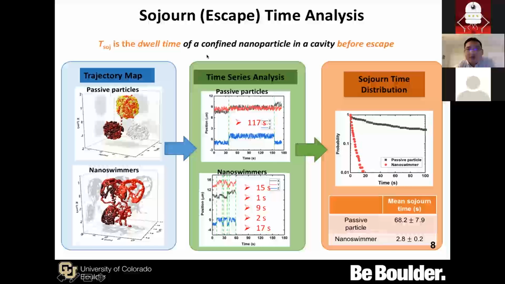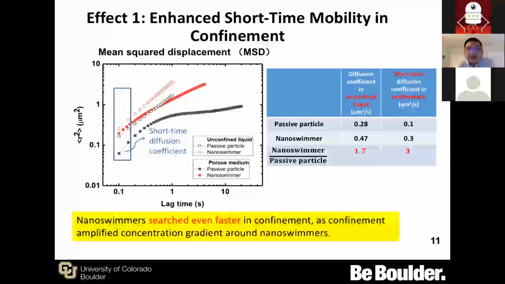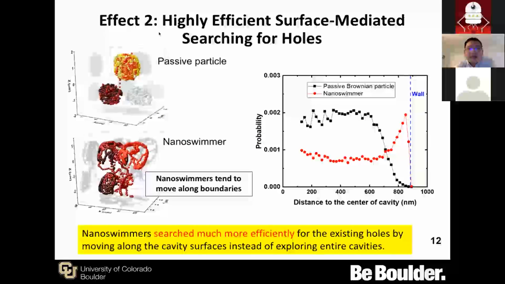Oh, sure. Search smarter is, I think, in here. If you read papers about the swimmer models, what people usually observe is that the swimmers like to stay around the boundary, to move along the boundaries.